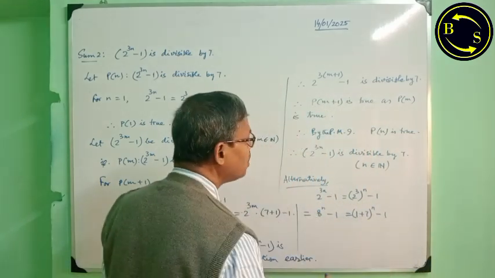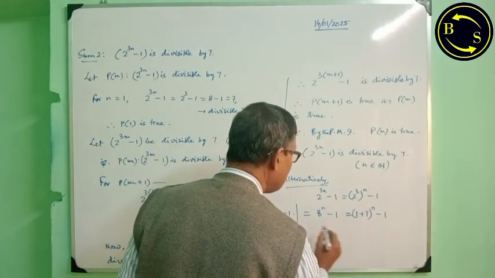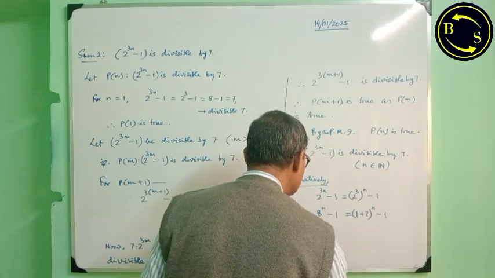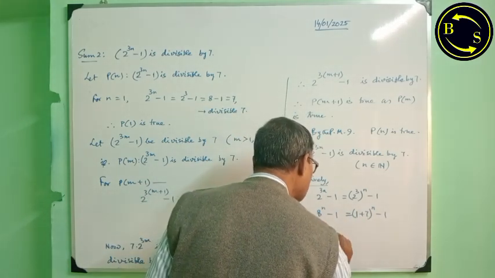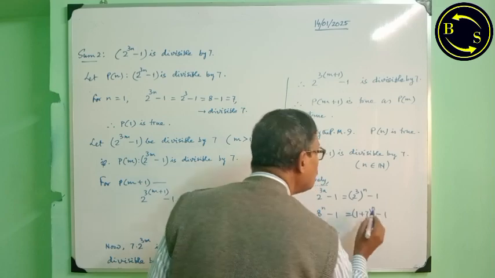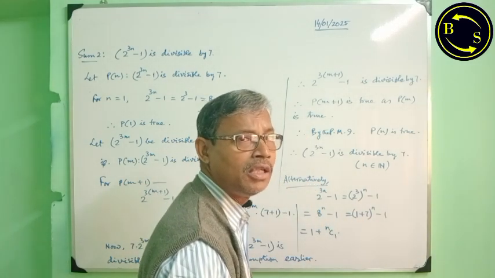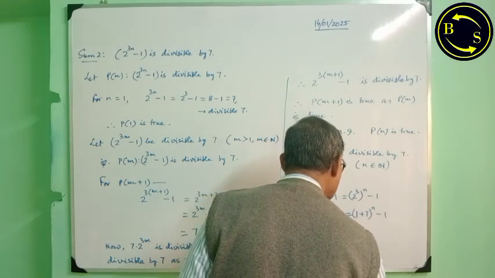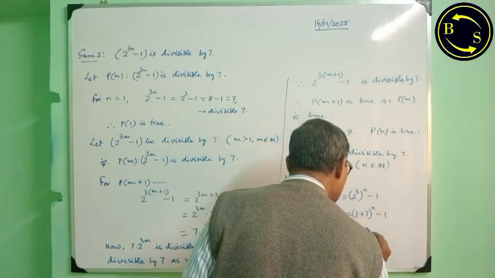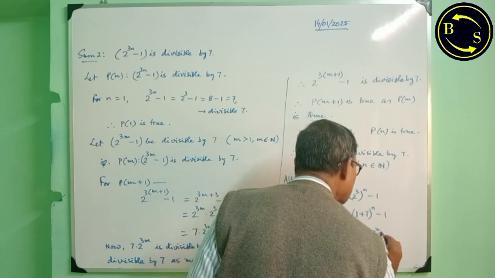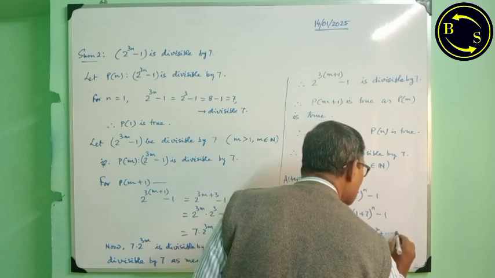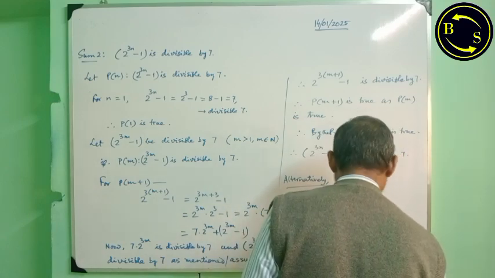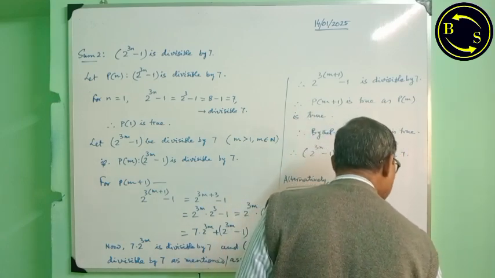Now, using the binomial theorem, it will be 1 to the power n, that means 1, plus nC1 into 1 to the power n minus 1, means 1 into 7 to the power 1, plus nC2 7 square plus dot dot, 7 to the power n, minus 1.